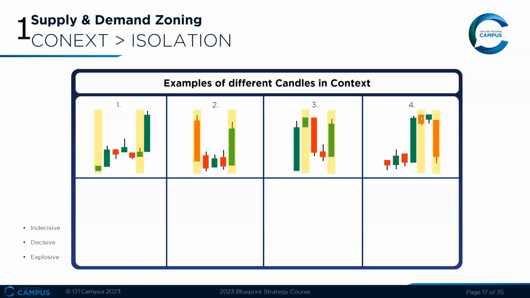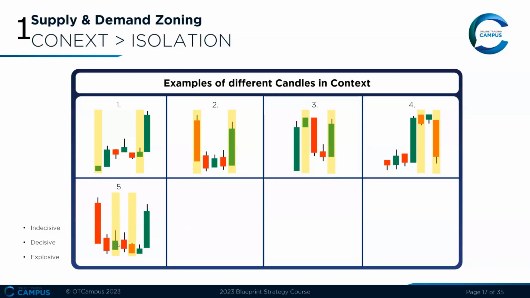This one, even though in terms of the body to range ratio this could be scientifically seen as a decisive candle, I would argue this is the decisive candle, and this is the indecisive candle, even though the body to range ratio is exactly the same potentially. But we can see that this candle is much larger, and therefore the willing sellers here are clearly in control, versus here, they may not be that much in control.